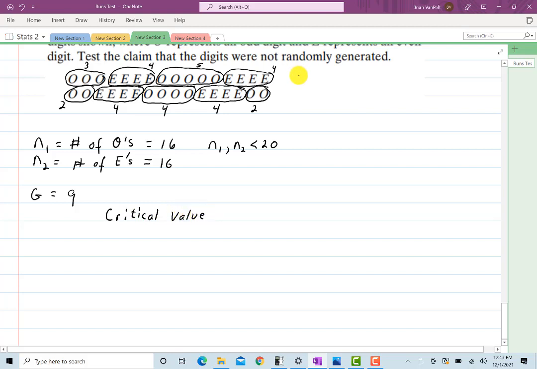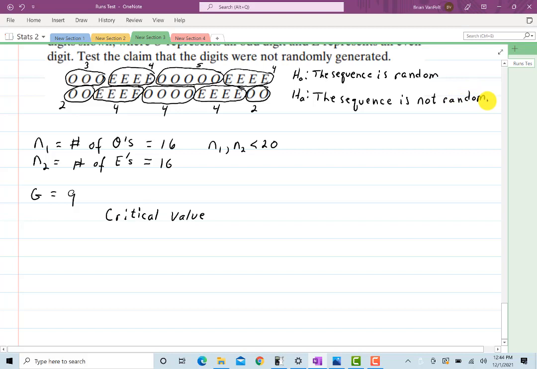You know what? I completely forgot to put my H naught and HA. The sequence is random, or the sequence is not random.